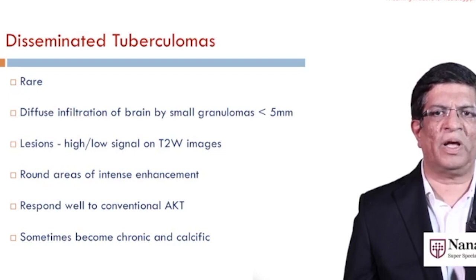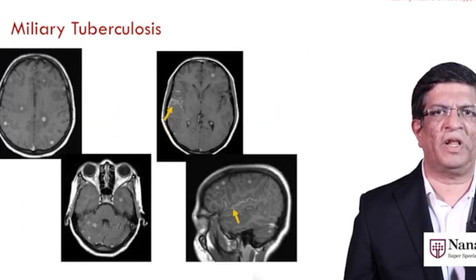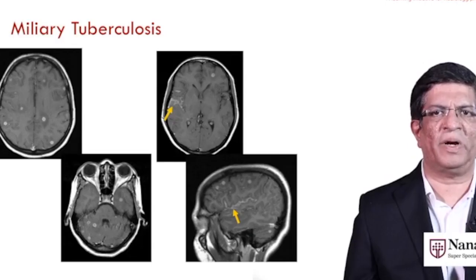Sometimes they can become chronic and calcific and may have a starry night appearance like what you see in cysticercosis. So, this is a case of a 6-year-old child with miliary tuberculosis in the chest who has multiple tuberculomas in the brain which are showing thin and thick ring enhancement. Also note there is leptomeningitis in the right sylvian fissure.